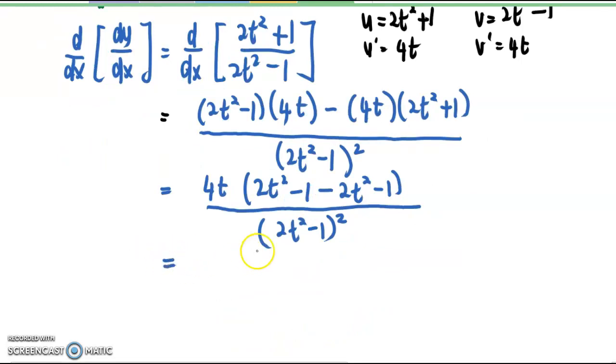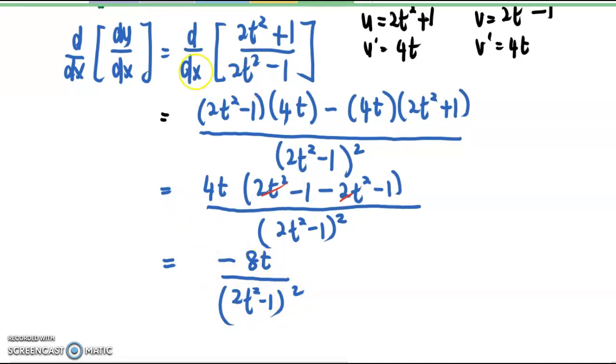Simplify, we cancel out this one. So we have minus 1 minus 1 will be minus 2. Multiply with 4t. We get negative 8t over 2t square minus 1 square.